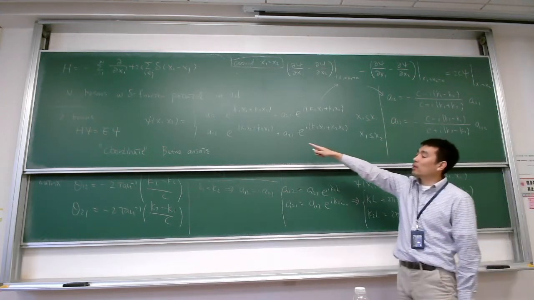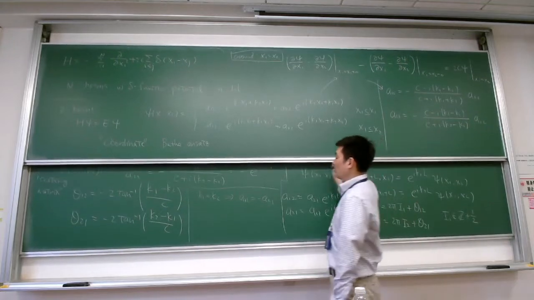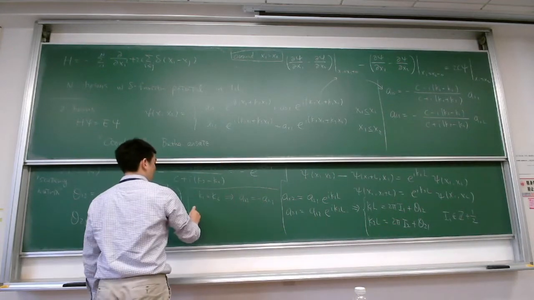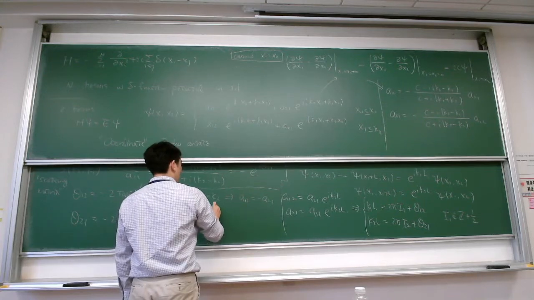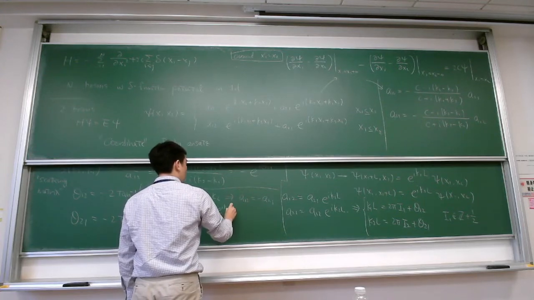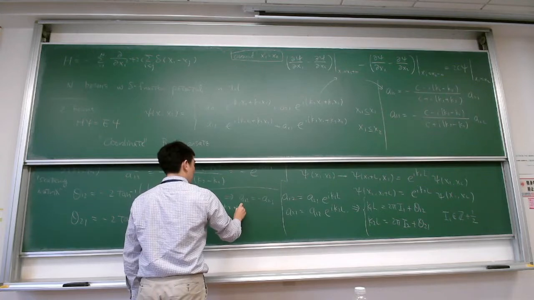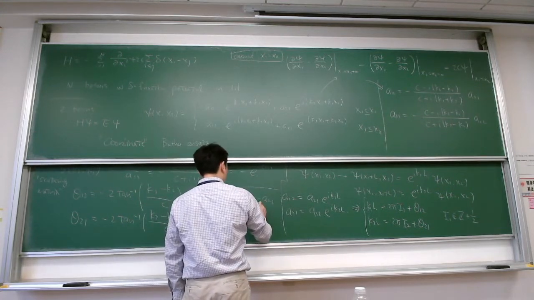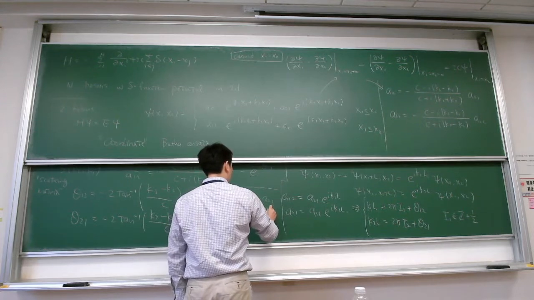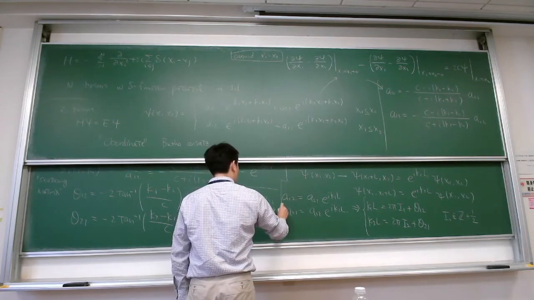So psi should be some number A12 times e to the i (k1 x1 plus k2 x2) minus e to the i (k2 x1 plus k1 x2).